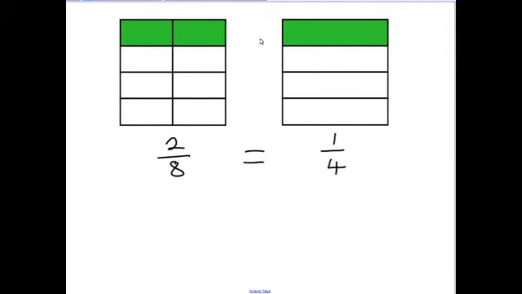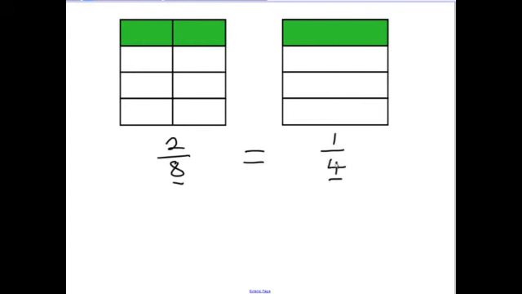In these two representations, the amount that is green is the same. The difference is that we have split this rectangle into more parts than this one. In this rectangle we split it into 8 parts, and in this rectangle into 4 parts. This is a way of visually seeing what equivalent fractions mean.